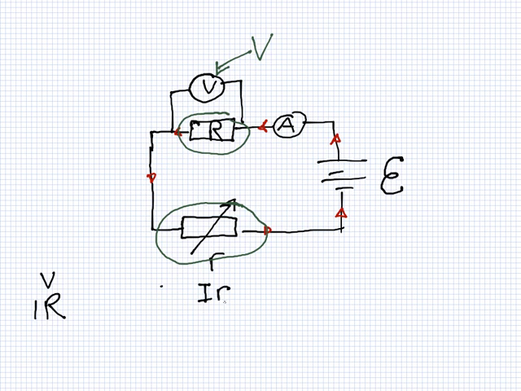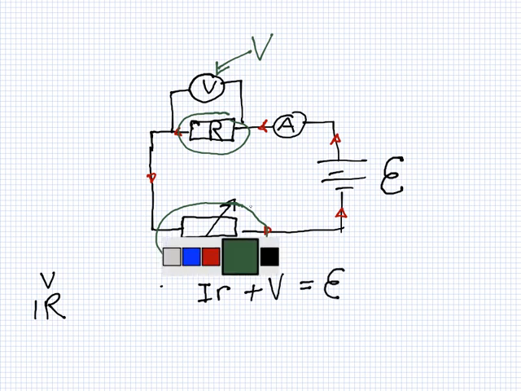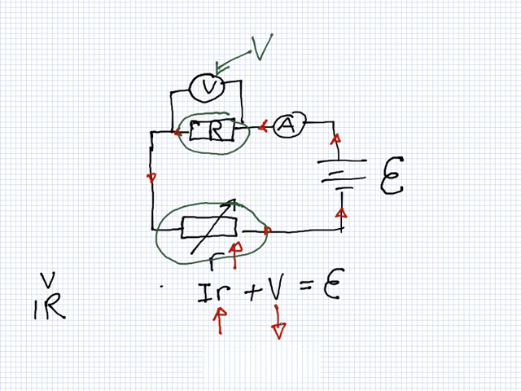Yeah? We know that Ir plus V should equal E. Now, what happens if I was to make this r bigger? Then this would become bigger, and what would happen here? Smaller.